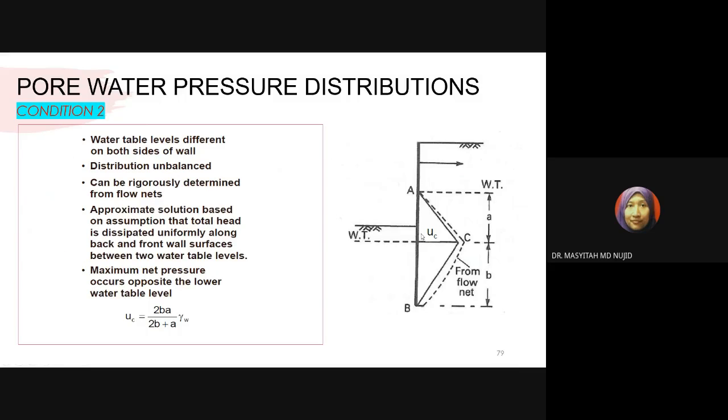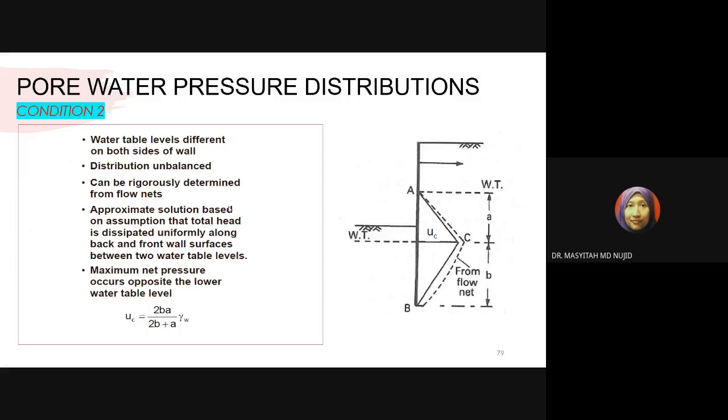For condition 2, for the water pressure distributions, it is the case where the water level is not similar behind the wall and also in front of the wall. And do not forget about the flow net diagram. Water table levels are different on both sides of the wall, so the water pressure distribution is unbalanced and can be rigorously determined from flow nets.